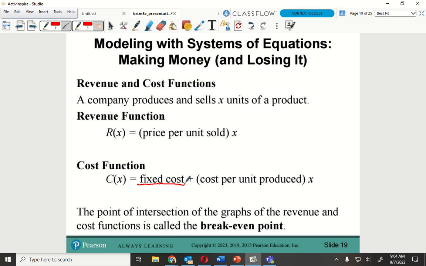So DJ, he has a burger chain restaurant. It's called DJ's. Now, huh? No. Okay. His fixed cost is going to be his electricity, his employee cost, his rent.